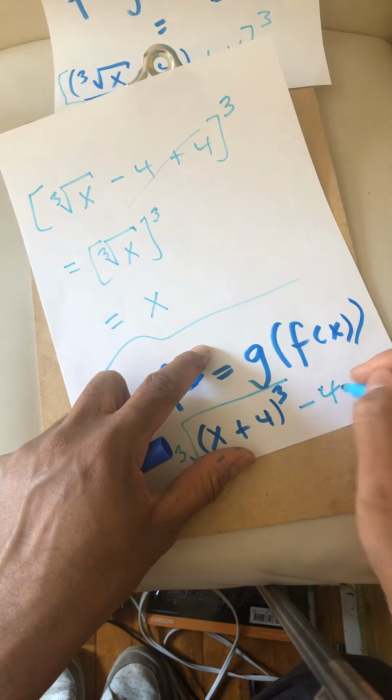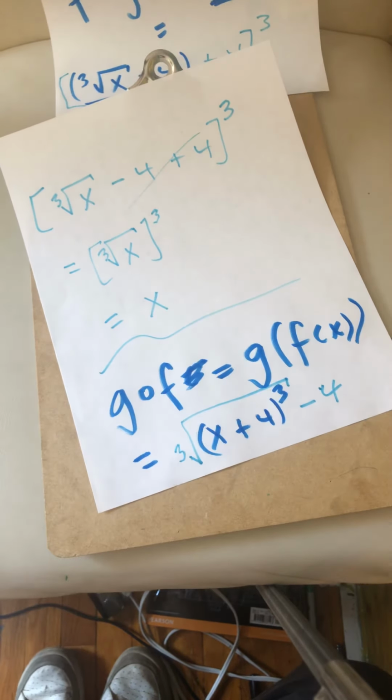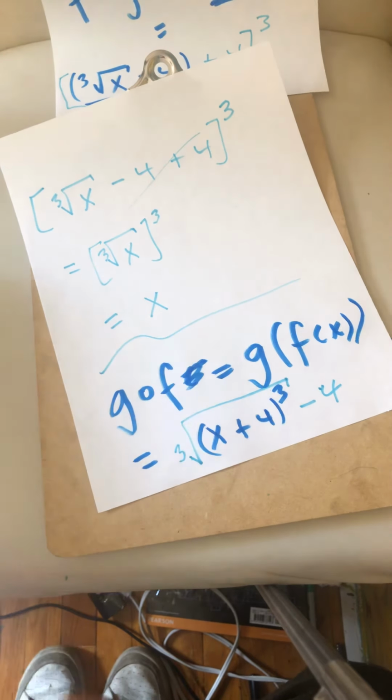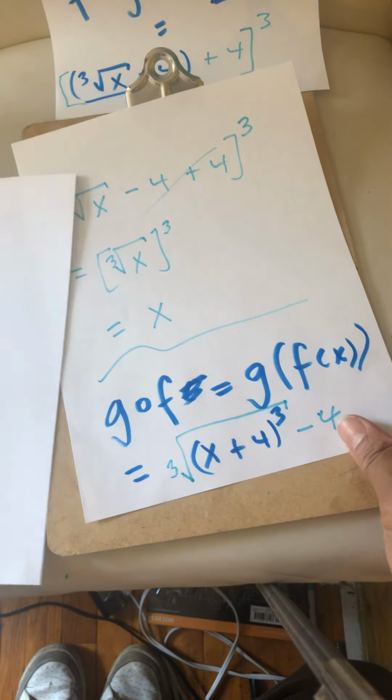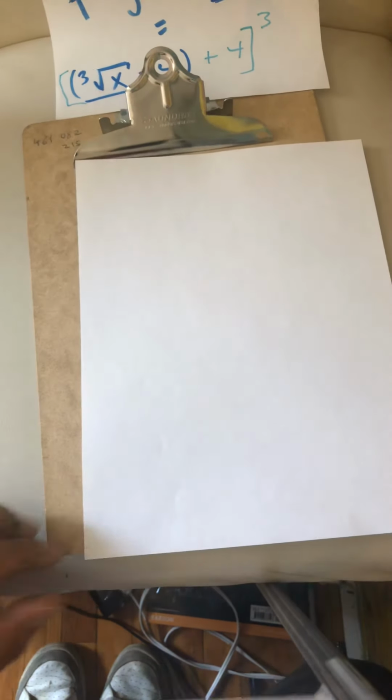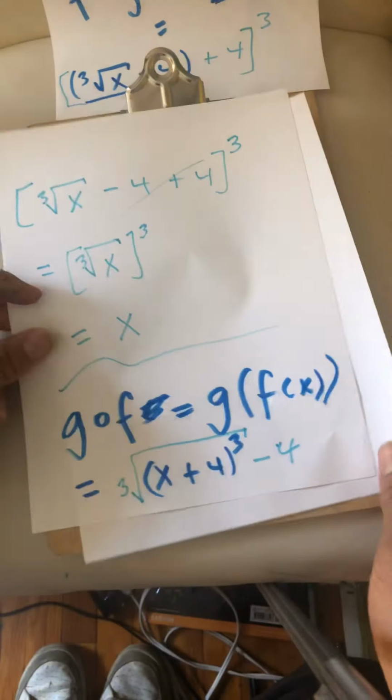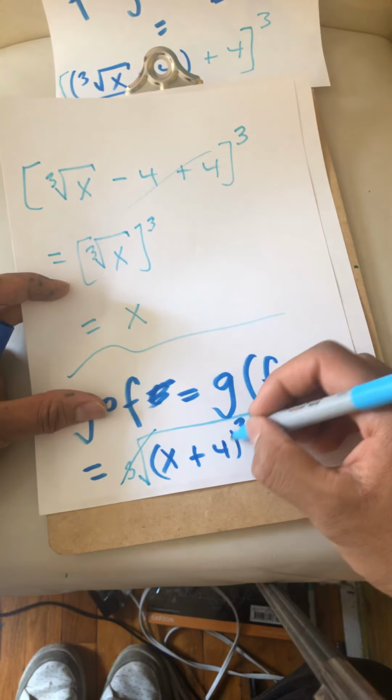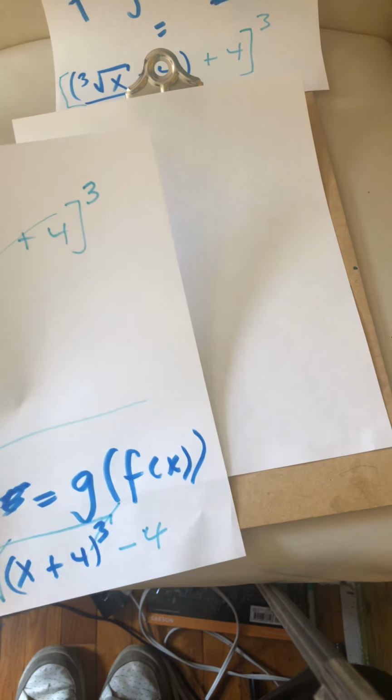Well, without going over a long process, you should see that if you take the cube root of something that is already cubed, it leads you back to what you have under the radical. All right, so here the cube root and the cube undo each other.